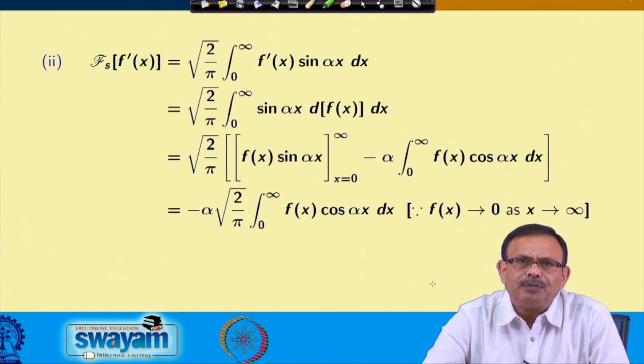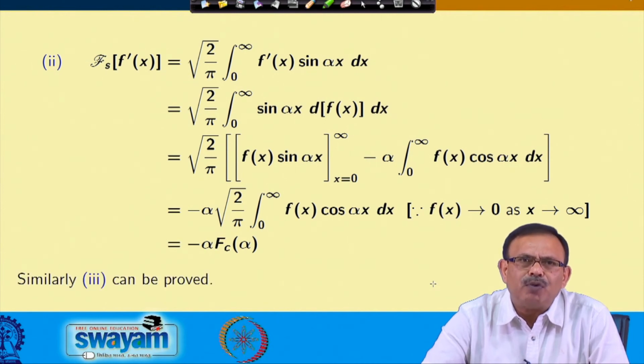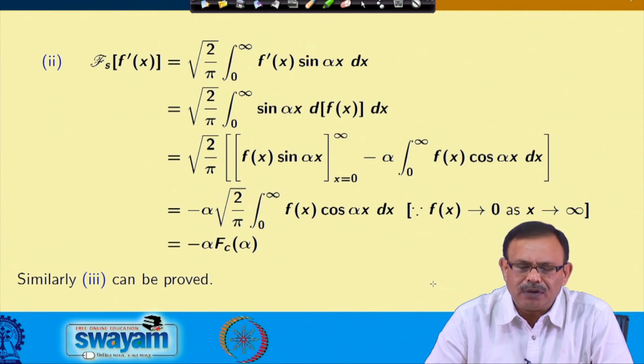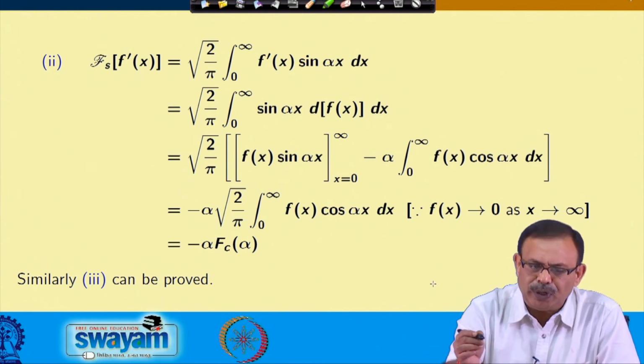So, minus alpha into the Fourier cosine transform of alpha, which completes the proof that the Fourier sine transform of f dash x equals this quantity. In the same way, the third one, the Fourier cosine transform of f dash x, you can prove on your own.